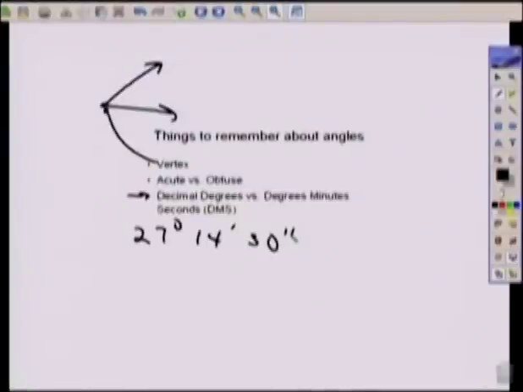A degree first of all is 1/360th of a full rotation. Minutes, there are 60 minutes in a degree, much like there are 60 minutes in an hour, and there are 60 seconds in a minute. So if we want to convert everything into decimal degrees, our degrees here is 27. And then we are going to add to that 14/60ths.